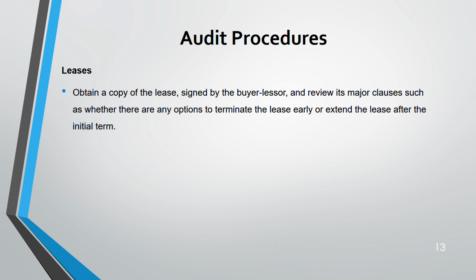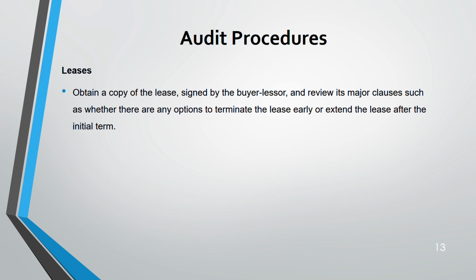Here you can obtain a copy of the lease, which is signed by the lessor, and review the major clauses in that lease. Because whenever you are reviewing a contract, the clauses are very important in that contract. For example, if you are taking a bank loan or any type of contract, always review the clauses. Lease is also like that. It's a contract. So review the major clauses.